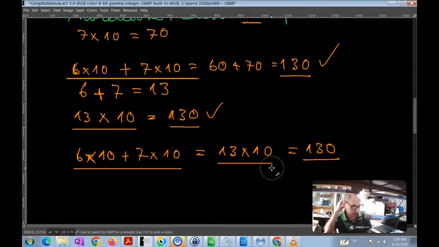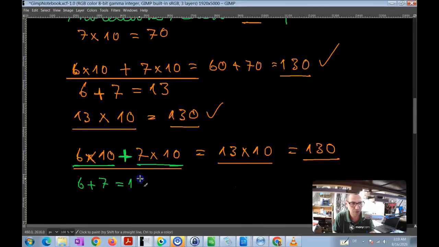Now you see over here that in this expression I have a 6 times 10, a 7 times 10, a plus sign, and then over here I have a 13 times 10. And you know that 6 plus 7 is equal to 13, right? So a 6 plus a 7 is equal to 13, and then the 10 is being repeated over here.